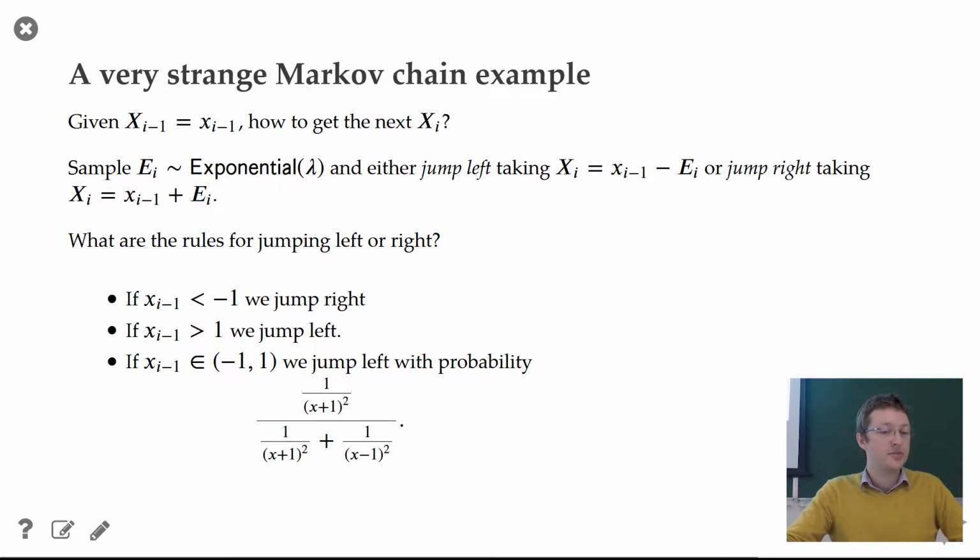I sample an exponential distribution, and I either jump left, meaning my next position is where I was minus E, or I jump right, where I was plus E. The rules for jumping left and right are like this. If I was previously below minus 1, I jump right. If I was previously above 1, I jump left. So on the axis, outside of minus 1 and 1, you're always jumping towards 0. And if you're in the area between minus 1 and 1, you jump in each direction with some different probability, which is this thing here.